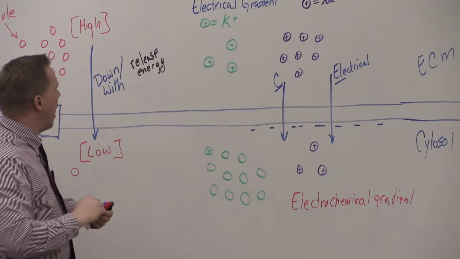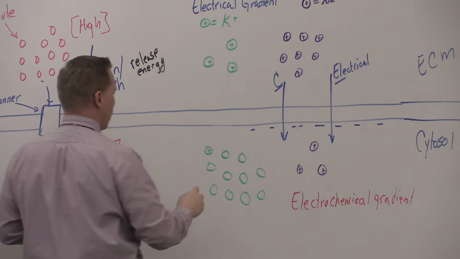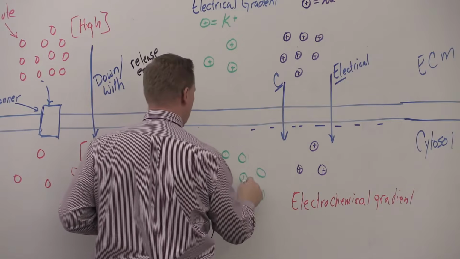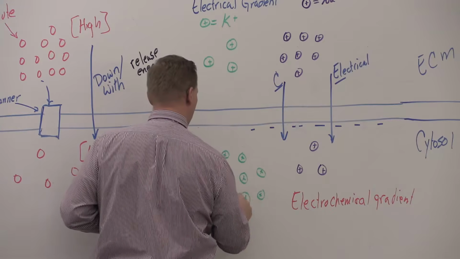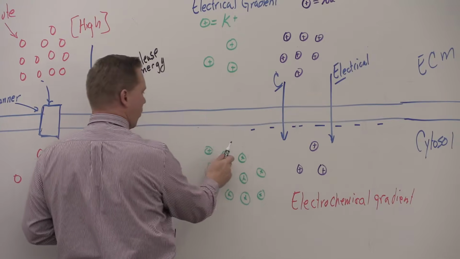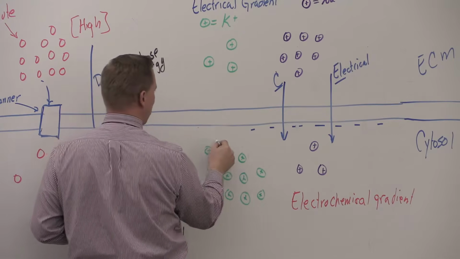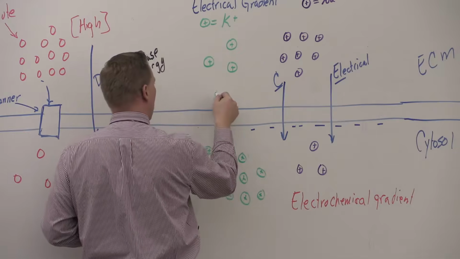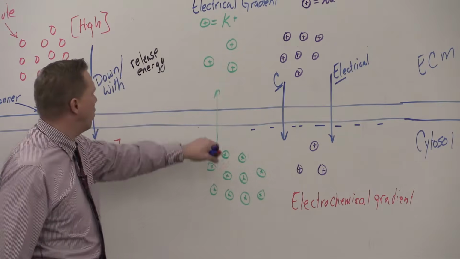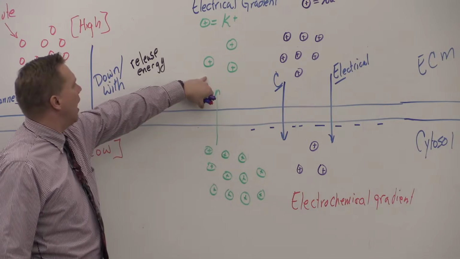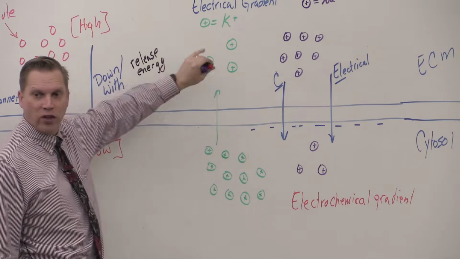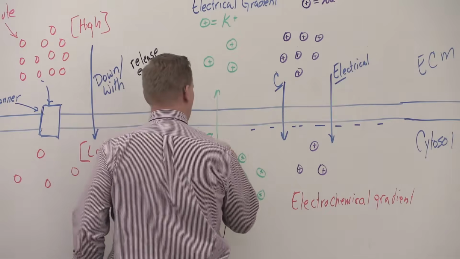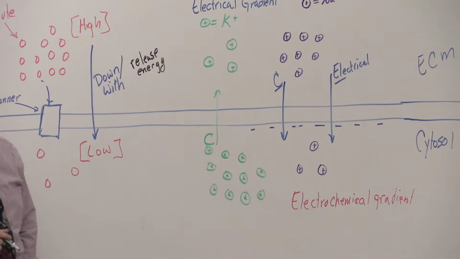And so now, with potassium, we see that the concentration gradient is actually going to push these ions, which are more concentrated, at a high concentration. So they're going to want to move, if we provide a protein carrier, to the outside of the cell. They're going to move in this direction. That's what their concentration gradient is going to tell them to do.